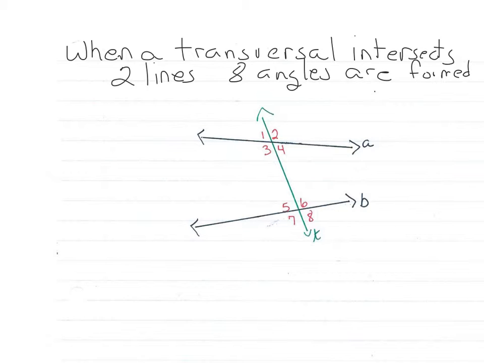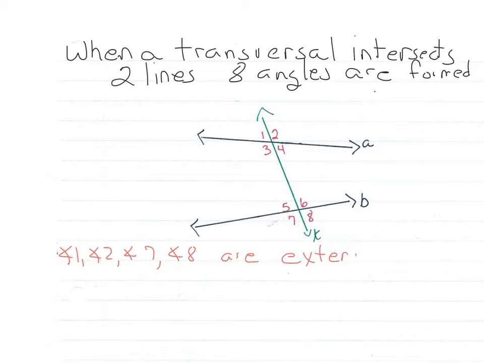Each of these angles have types that we call them. In this particular case, the way I have these angles numbered, angle 1, angle 2, angle 7, and angle 8 are called exterior angles.